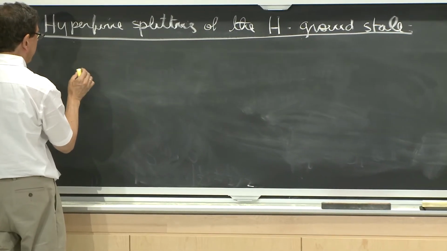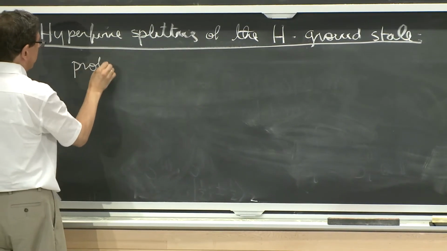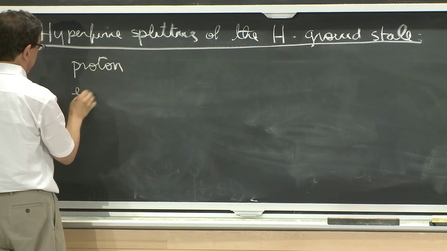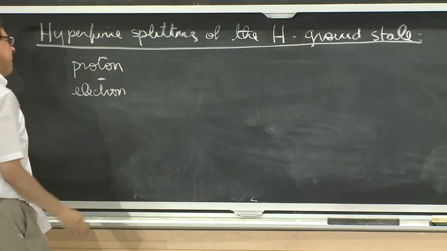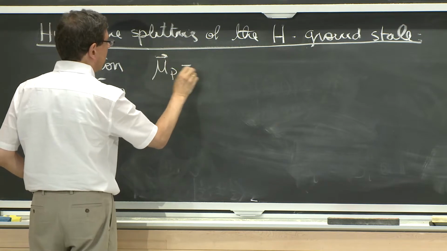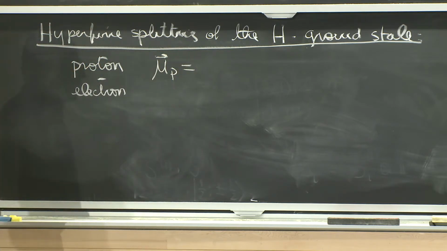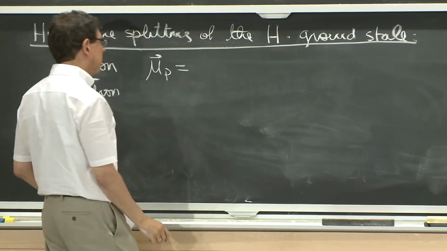So we have a proton and an electron. The proton has a magnetic dipole that we will denote as mu proton. And in general, it's proportional to the spin of the proton.